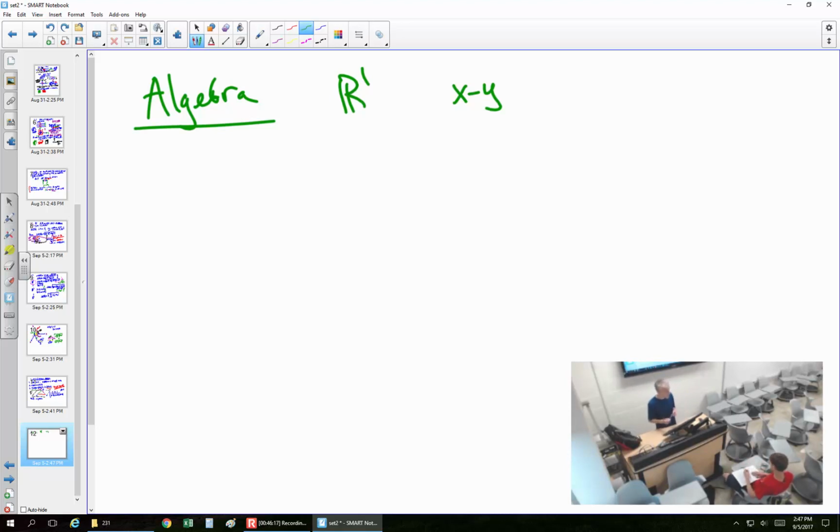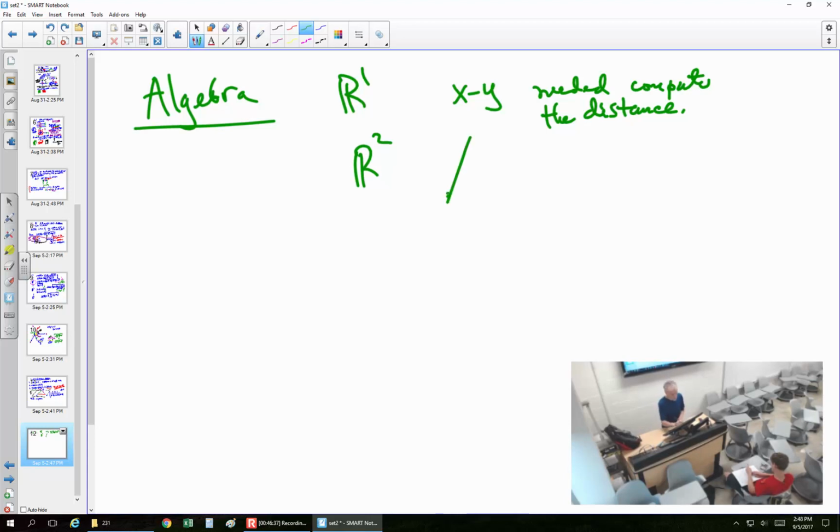We needed x minus y in order to compute the distance. Beyond that, in R2, we might need algebra in order to deal with vectors, and in particular, as I mentioned before, we're gonna also look into angles too.